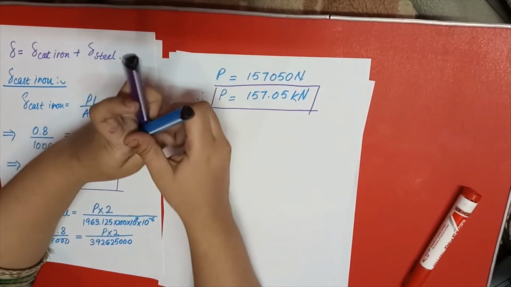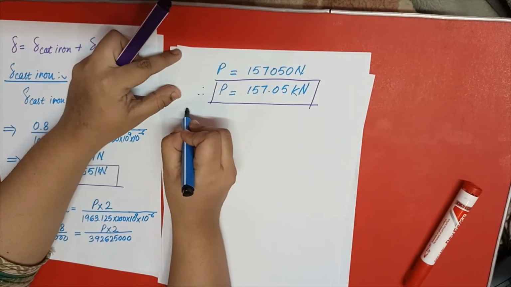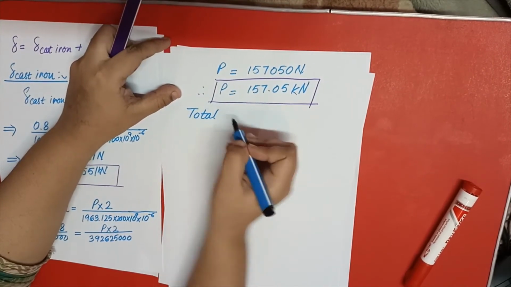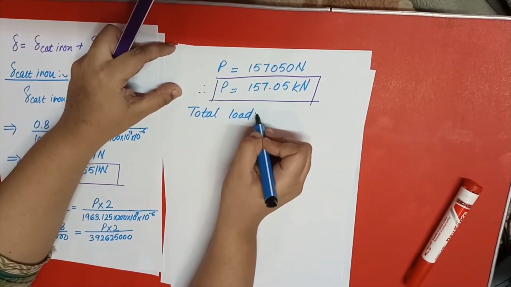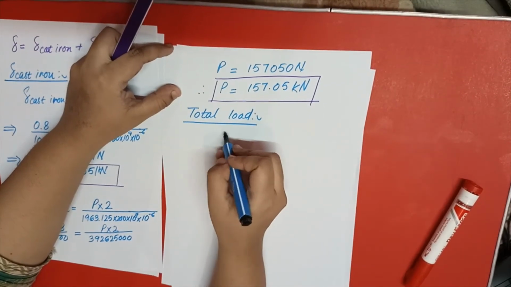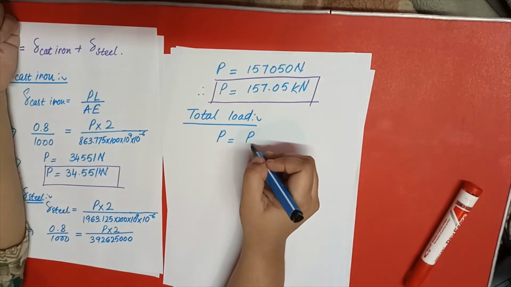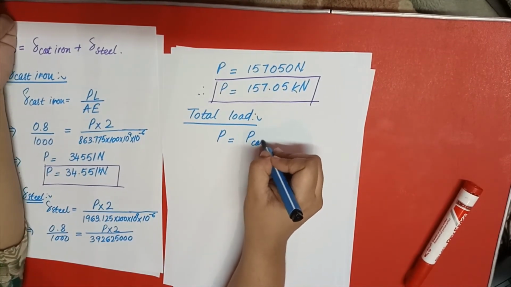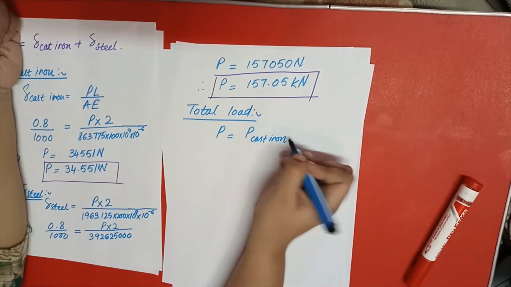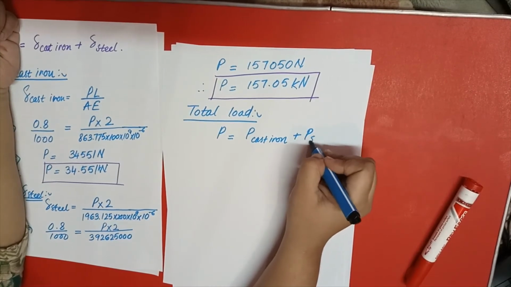Now the total load. So P equals to P for the cast iron plus P of steel.